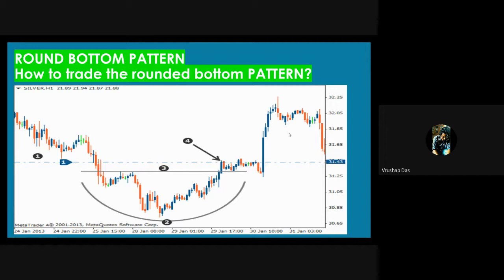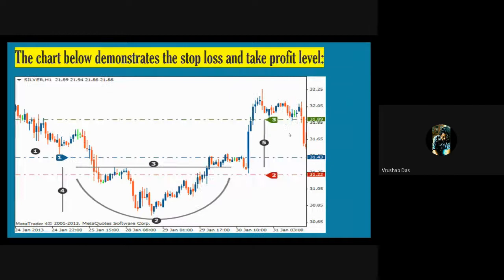The profit target is measured by taking the height of the actual pattern and then extending that distance upward from the neckline. The chart shows the stop loss and the profit level, the downtrend, and after that the neckline and the height of the pattern.